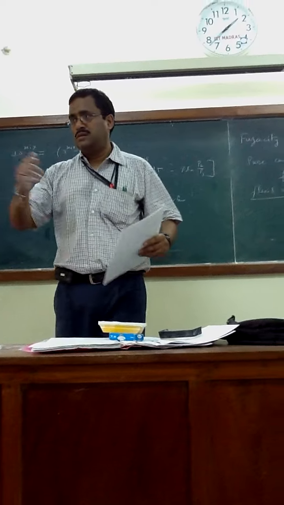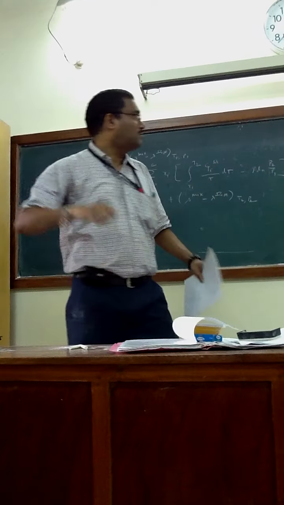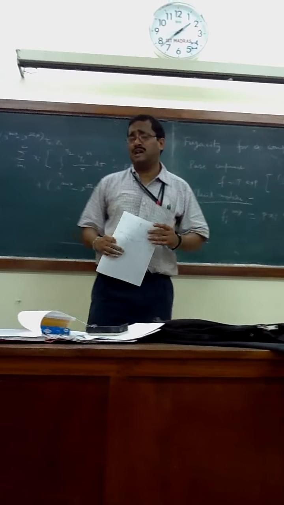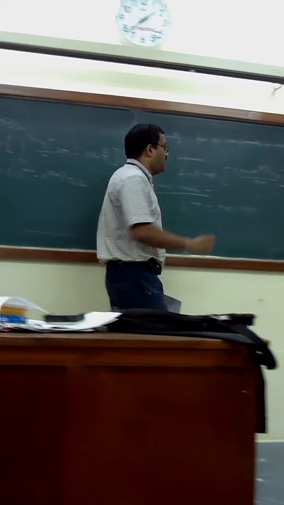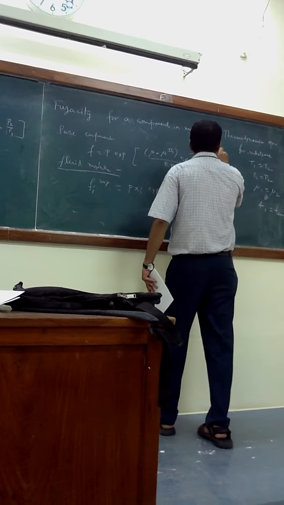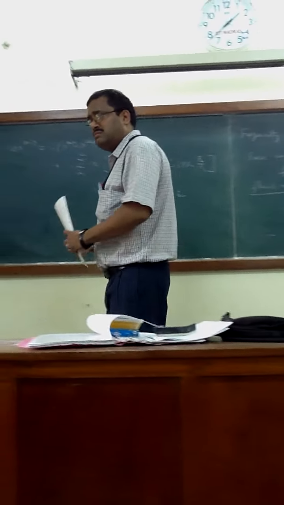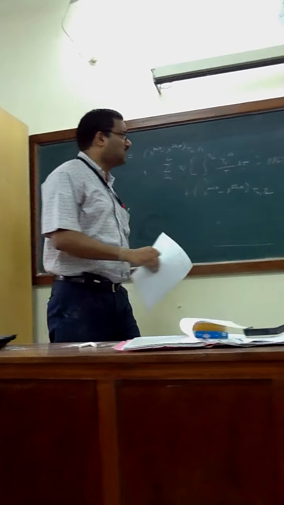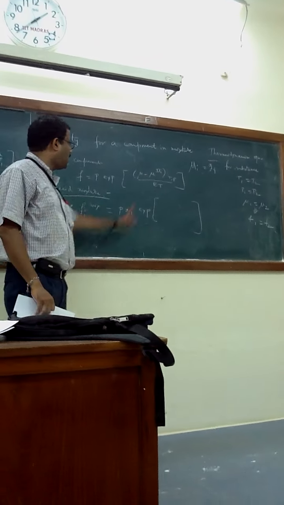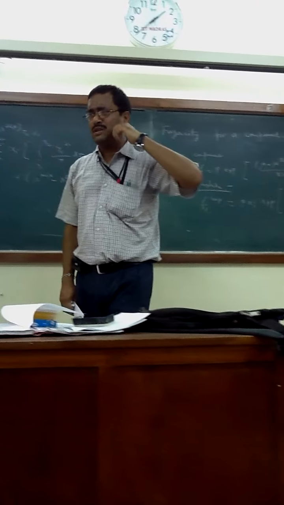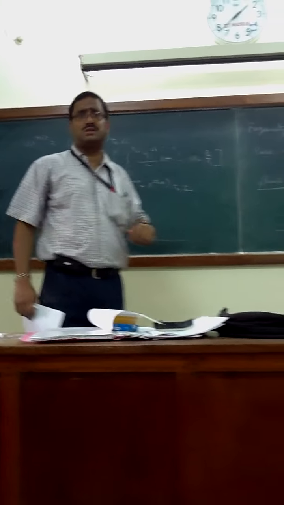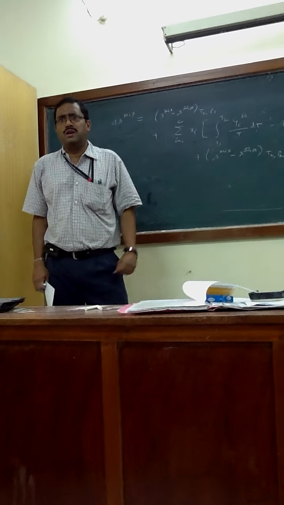Mu I bar is not defined. You don't say mu I bar. Mu I is nothing but Gi bar. We write in terms of mu, no? I think we are confused in the symbols. We never write mu I bar, right?